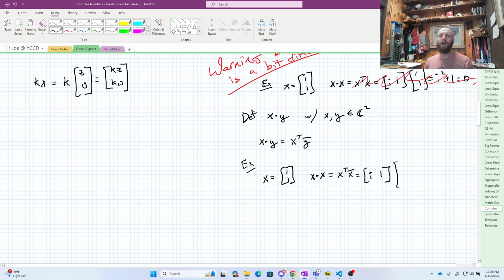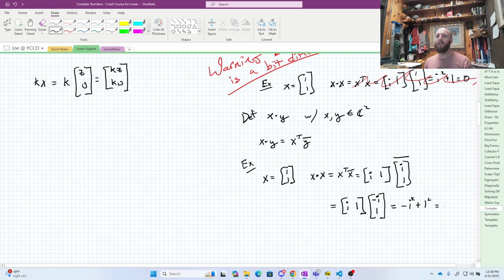And then here I need to conjugate the vector, so I'm going to conjugate the pieces. That's going to be the vector i and 1 times the vector minus i and 1. And when I do this multiplication, I'm going to get negative i squared plus 1 squared.